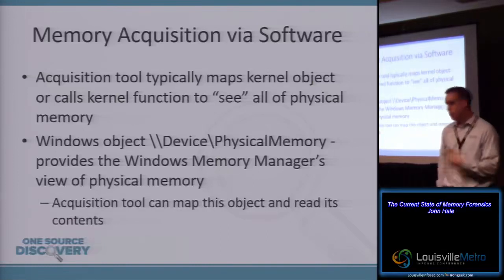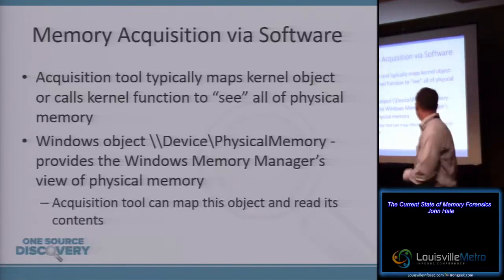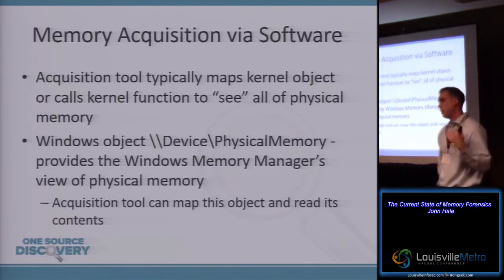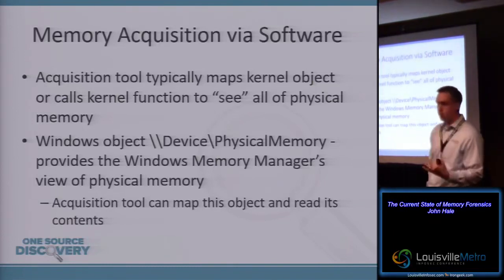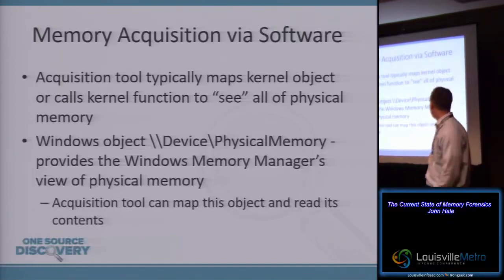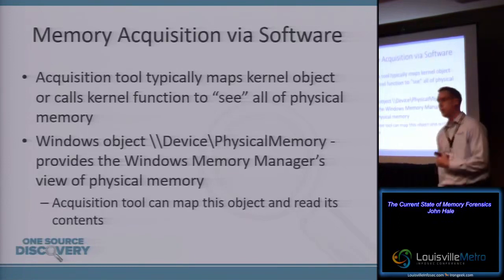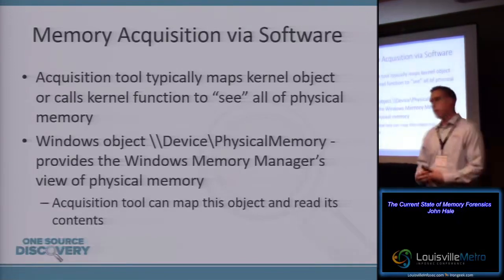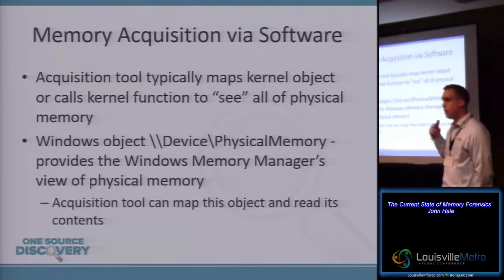There is an exception to these two options here. So one tool I know of actually directly manipulates page table entries specifically to avoid interacting with kernel APIs and kernel functions, so that in the off chance you have a rootkit that is hooked to some of those functions, it blocks that.